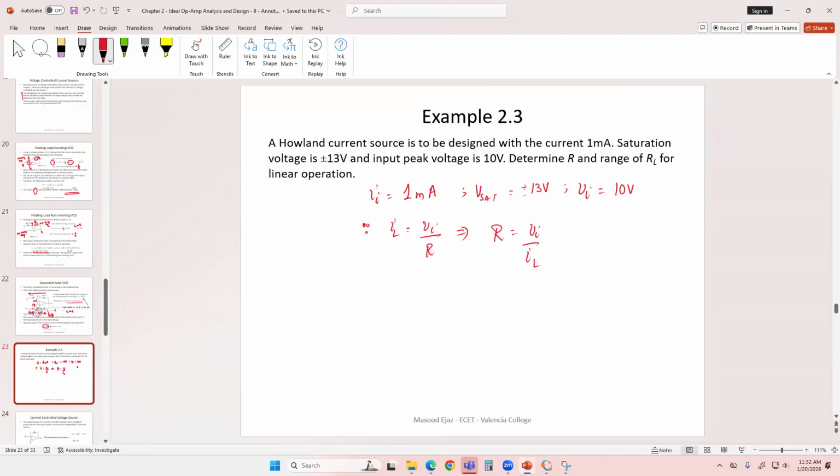Oh, this is not the input current. This is designed for the load current of 1 milliampere, that's given to you. So the resistance value R is going to be 10 over 1 milli, which is 10 kilo.